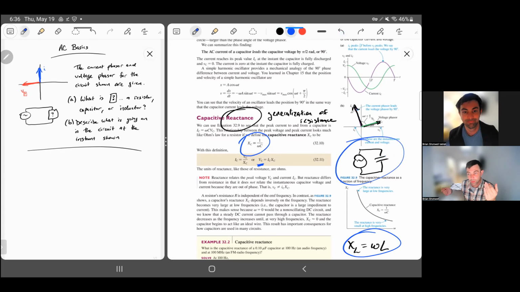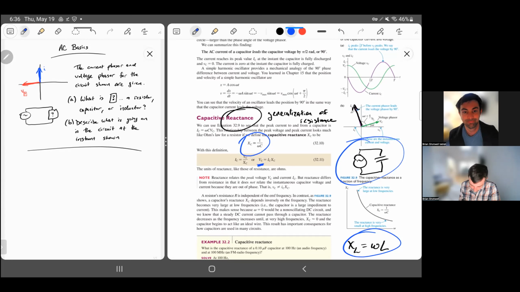So again, in your wall outlet in the US, it's like 120 volts. Really, if you actually took a voltmeter, it's maybe more like 115 volts. And that would be the magnitude of this voltage phasor right here. So if you hooked up your capacitor to a wall outlet, then your capacitive voltage phasor would be that amount, 120 volts.